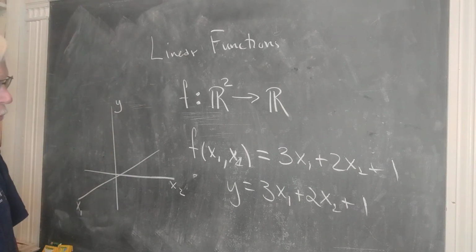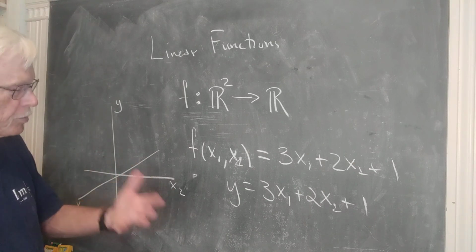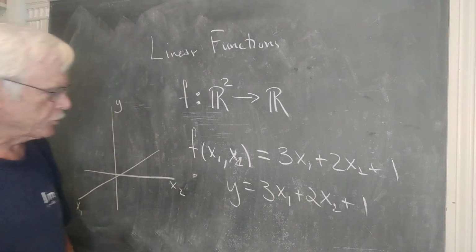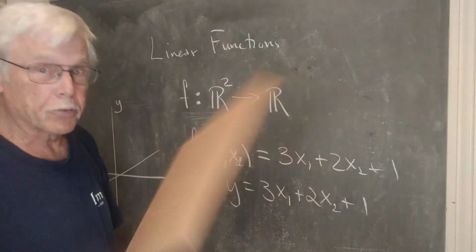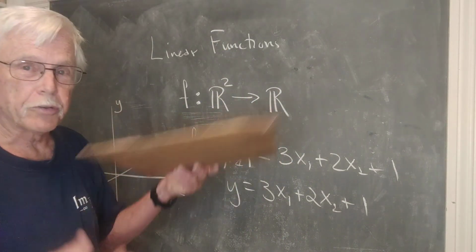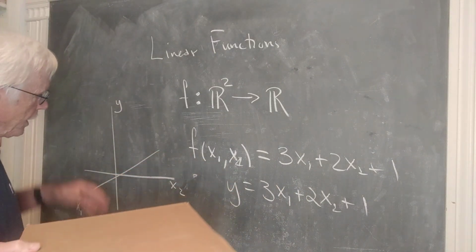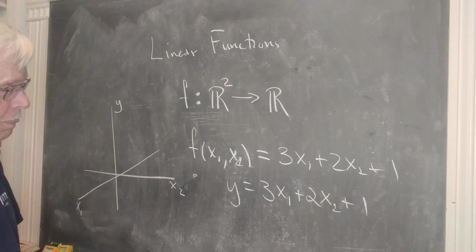The graph will be a linear object in one less dimension. So we have 3 dimensions here, 3 variables. This will be a linear object in just 2 dimensions. It will be a plane. And we'd like to be able to place this plane and see what it looks like in 3-dimensional space. What does it look like?